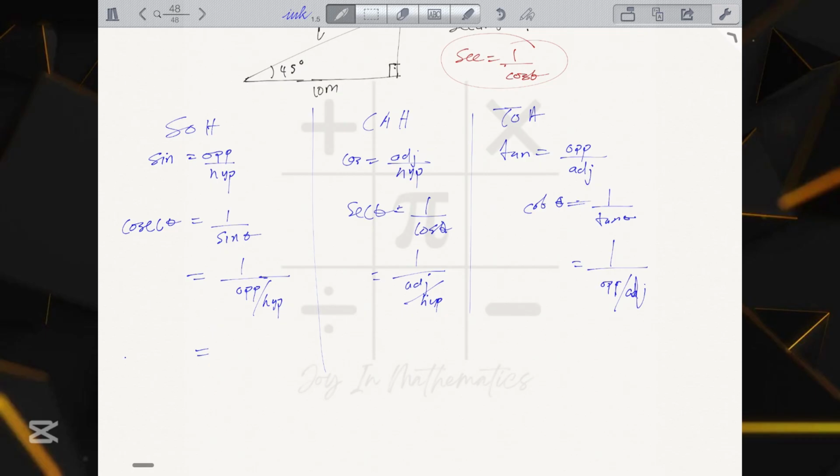Therefore, we can now say that cosec theta is equal to hypotenuse over opposite, and sec theta is equal to hypotenuse divided by adjacent. Likewise, cot theta is equal to adjacent divided by opposite.